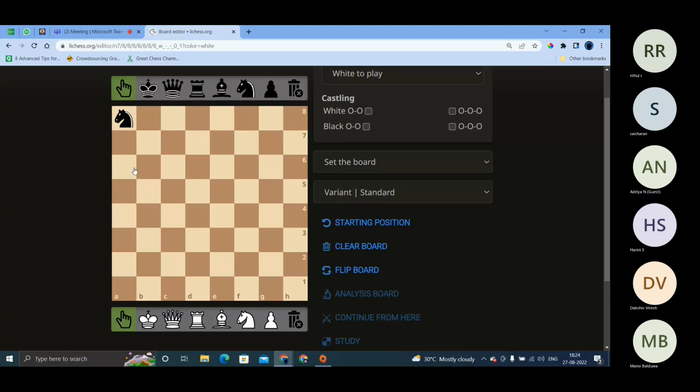If there is a bishop here, you can pick the knight from a8 and capture the bishop here. That's it. If there is a piece on this square, then the knight controls this square, because it goes 2 squares in the same direction and turns to the side.